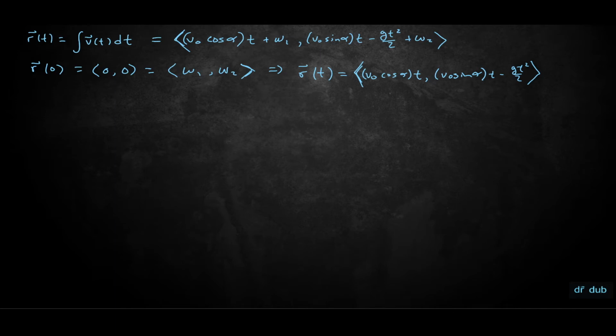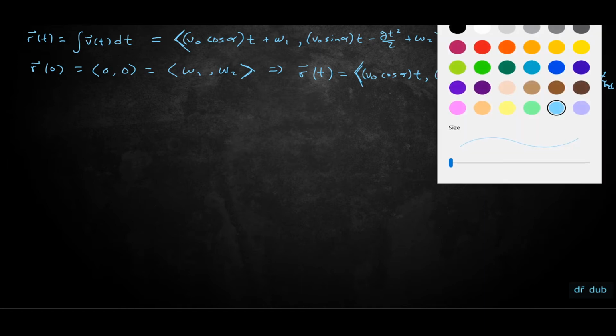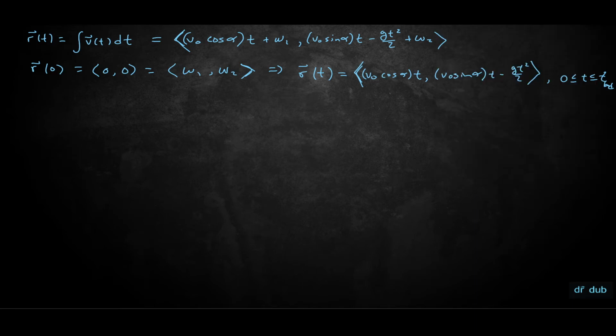So for t goes from 0 to t land, 0 less than t less than t land, whenever it lands later. So that's something we actually want to find at some point. But here we can see that we can have an x component and y component of this position.